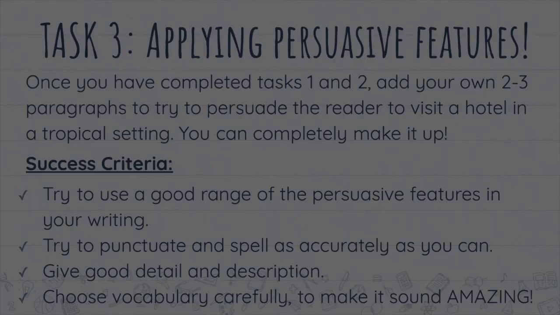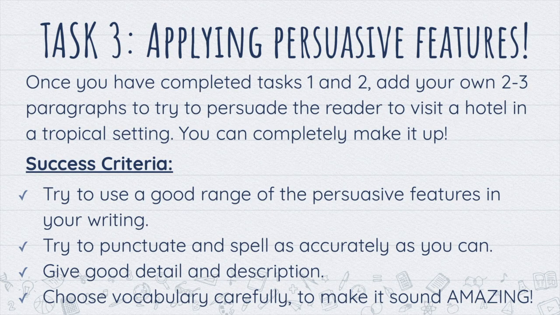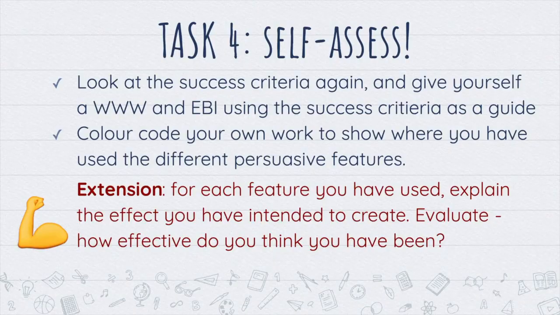So for example, you might think that you have used a really good range of persuasive features. That's something you're very proud of and you think that it's been very effective on your work. But you might feel that actually, next time you'd quite like to give a little bit more detail and maybe use a better range of adjectives to describe your hotel. So that would be an EBI that you might put for yourself.